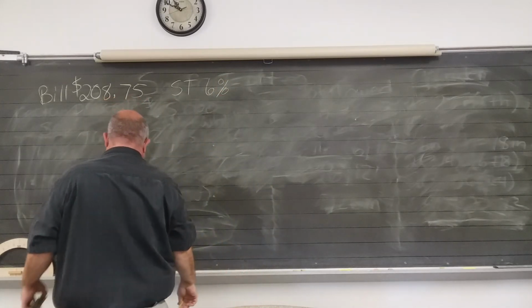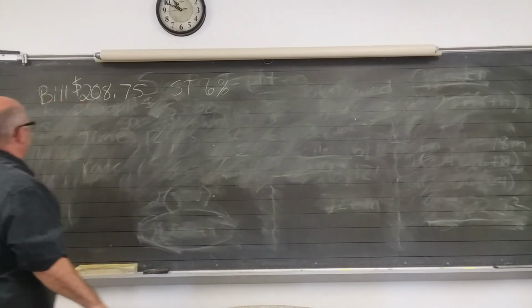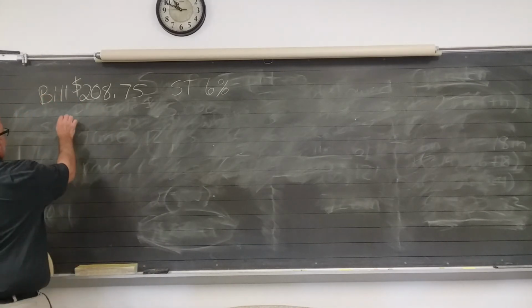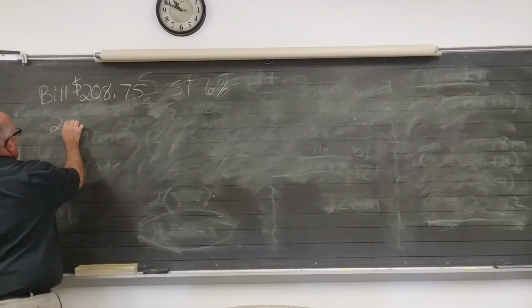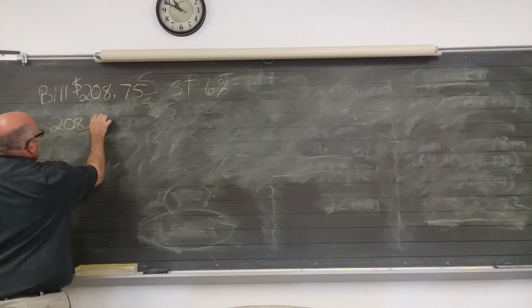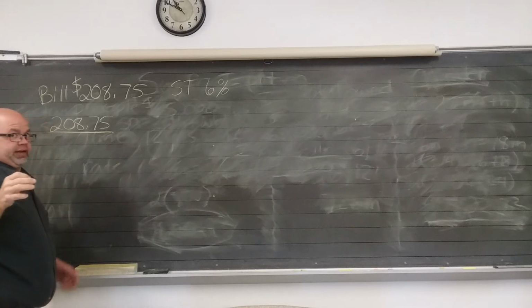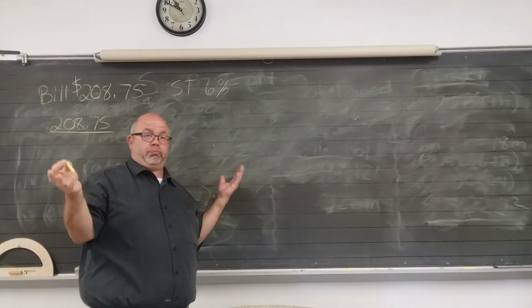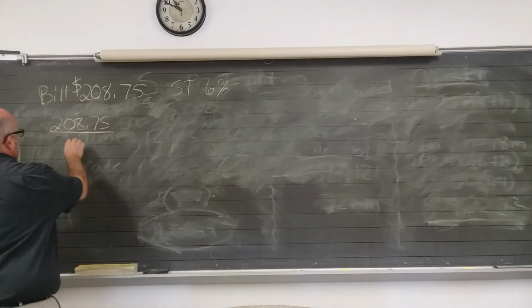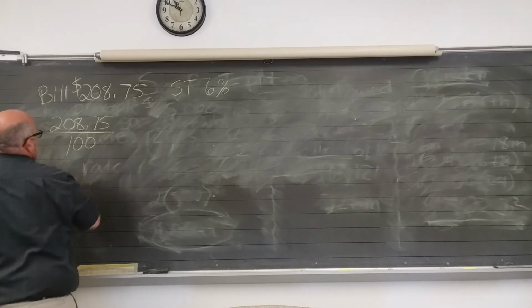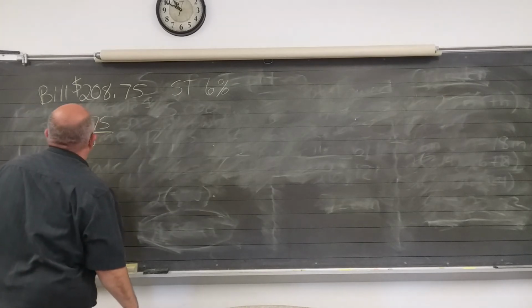All right. The proportion for that is $208.75. That is your total bill, or that is the price. That's the total of the price. Okay, so that's over 100%.